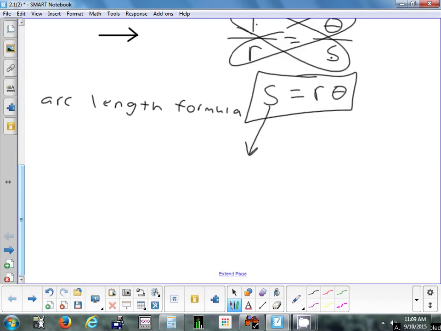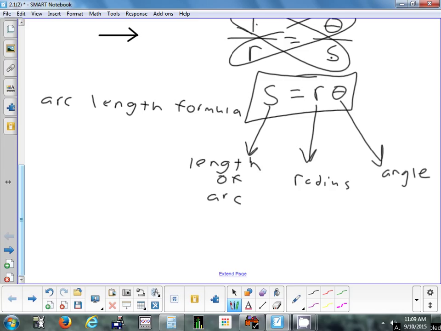Okay, S is the length of your arc. R is your radius. And theta, that is your angle. Okay, is there anything we might want to be careful about, though, with the angle?